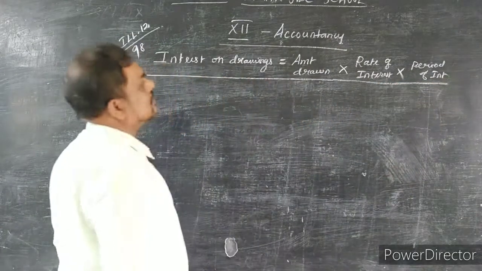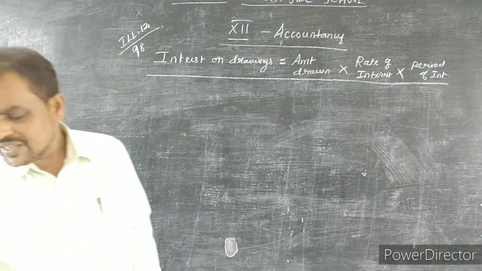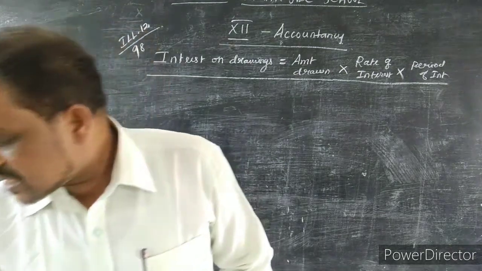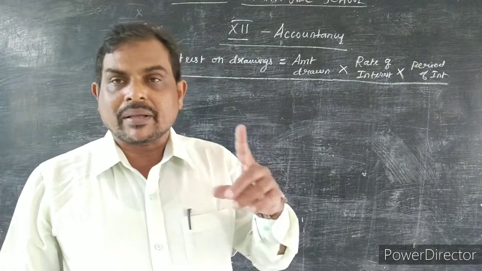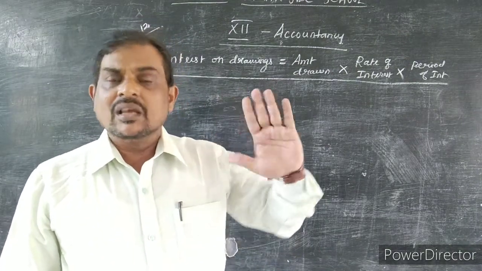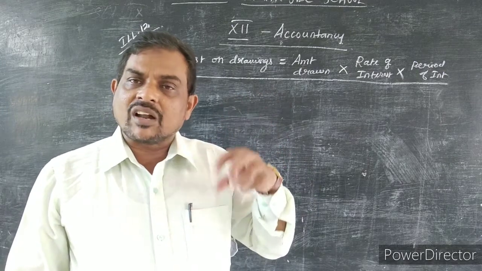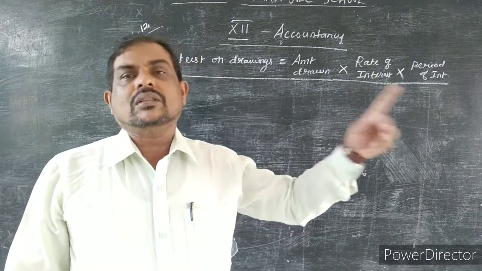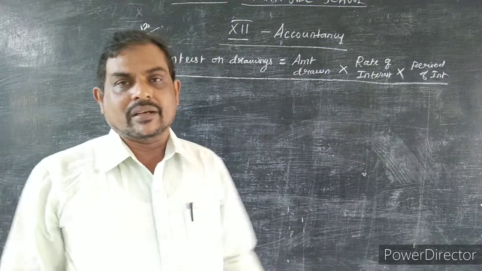Now, first time he withdrew on March 1. The accounts close on 31st December. You have to bear in mind that whatever amount he has taken, from the day he took it to 31st December, we have to calculate the interest.